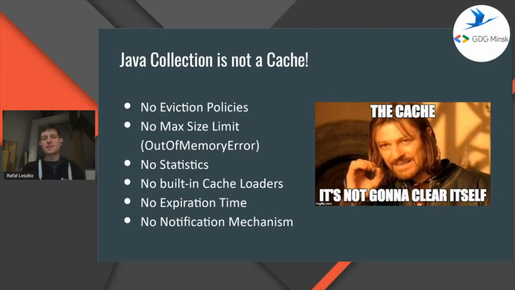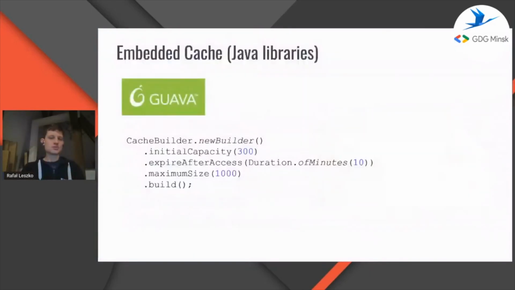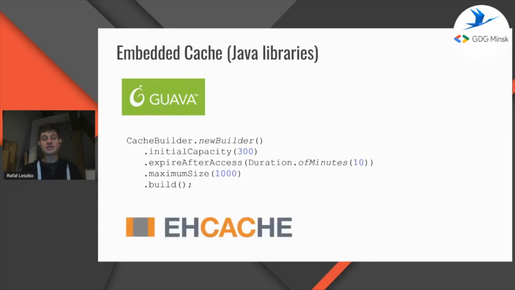And this something better, if you happen again to use Java, for example, there is Guava, which is a very good library where you can define all these features upfront while constructing your cache. Another good library for Java is EHCache. If you don't use Java but some other programming languages, then you will find your caching library. For every language, there is a good caching library.